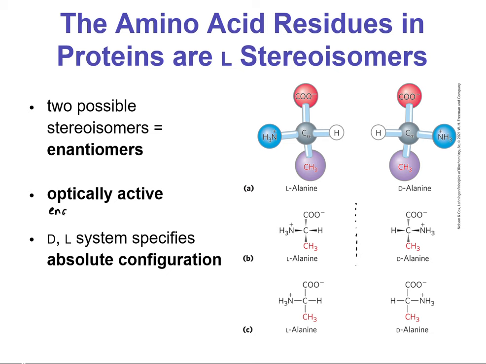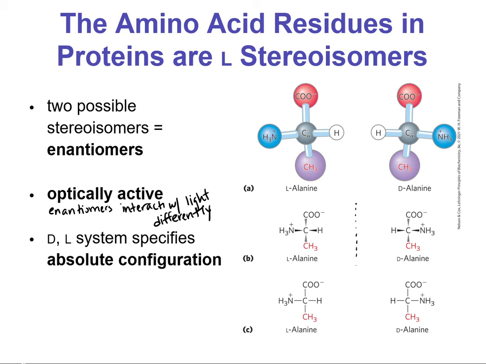So all this means is that these enantiomers interact with light differently. And you can detect that. Not going heavy into that either. I just want you to know that that's what optically active means.